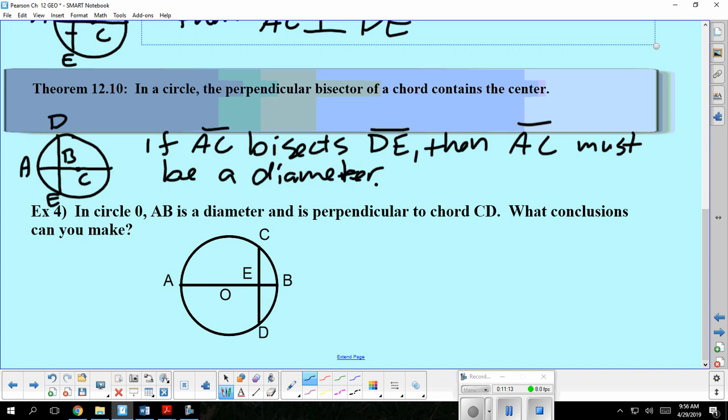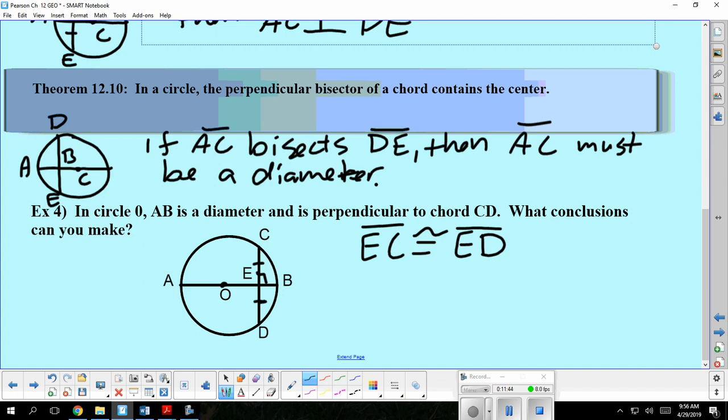Example 4. In circle O, AB is a diameter and is perpendicular to chord CD. We know it's a diameter, goes through the center, and is perpendicular to CD. What conclusions can we draw? Well, we can draw a couple of conclusions. First, these guys are congruent: EC is congruent to ED.